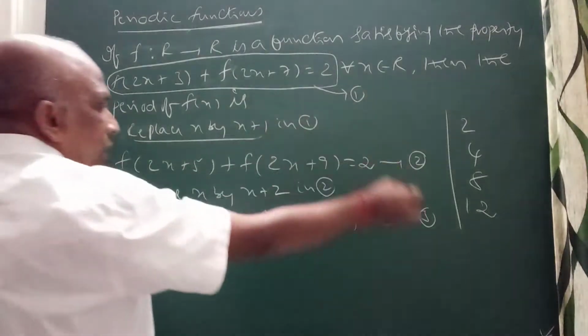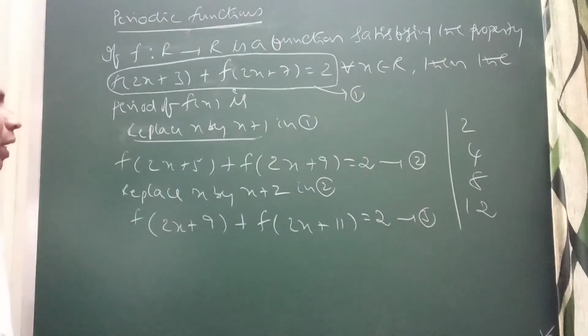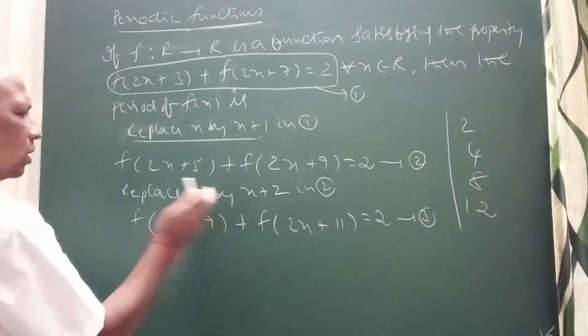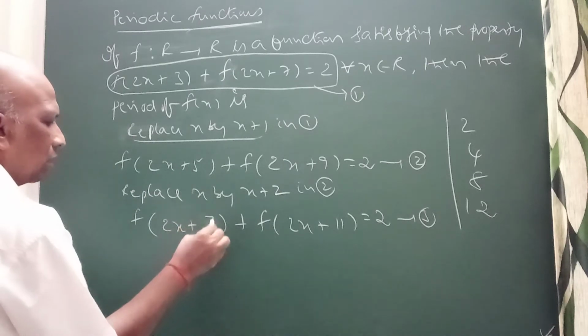So from 1 minus 3, you can observe here, this is not 9, I think this is 7, right? Be careful here.